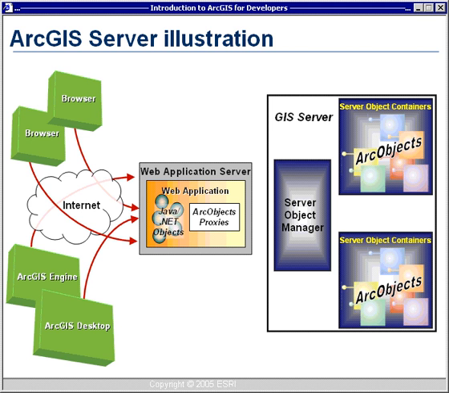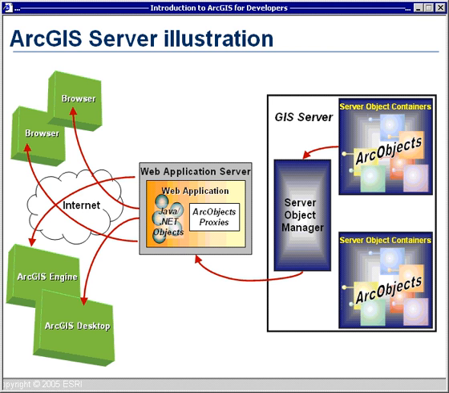Let's see how this all works. The client makes a request of the server using the tools that the developer has exposed in the custom web application. The web server and web application process the request and pass it on to the GIS server. The server object manager handles the multiple requests coming in and passes the work off to the appropriate ArcObject.